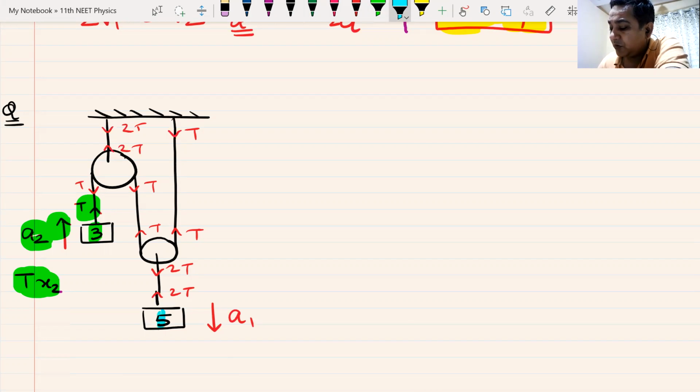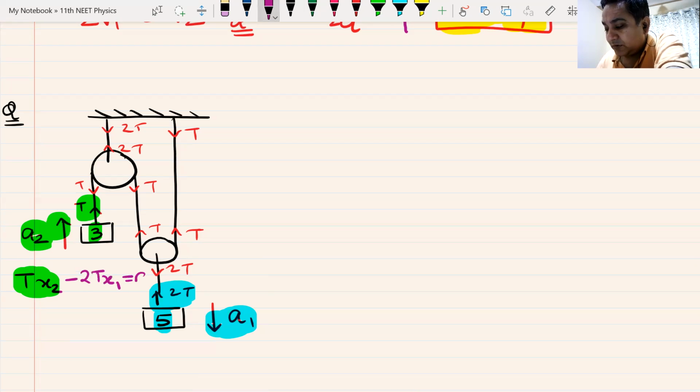Then you have the blue block, 5 kg block. 2T is upwards. a1 is downwards, or x1 is downwards. So it becomes minus 2T into x1 is equal to 0. This is the constraint relation that we were looking at.